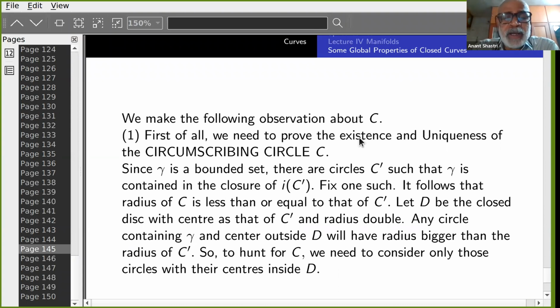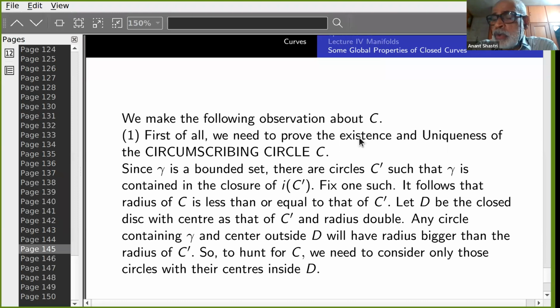It follows that the radius of C, if C exists, okay, I am not yet proving that, has to be less than or equal to the radius of C prime. Because once you have a circle like this, we are looking at a minimizing one. Okay. So the minimal one has to be less than this one.